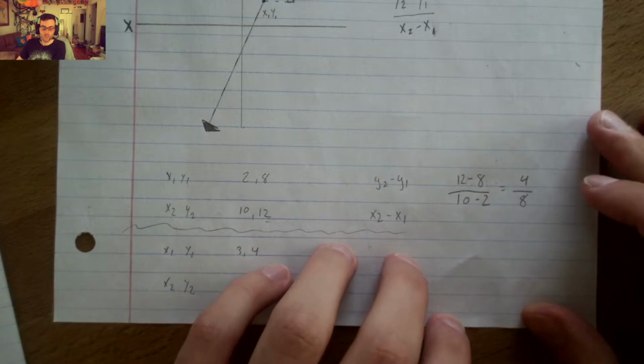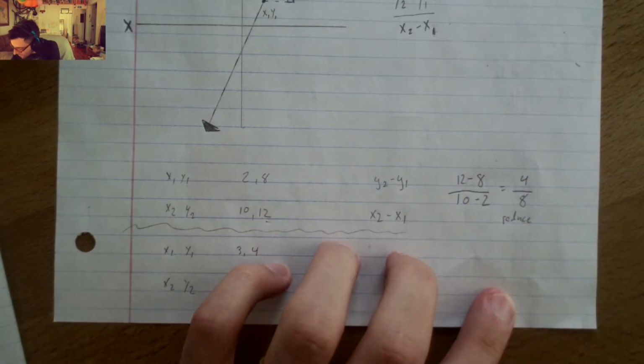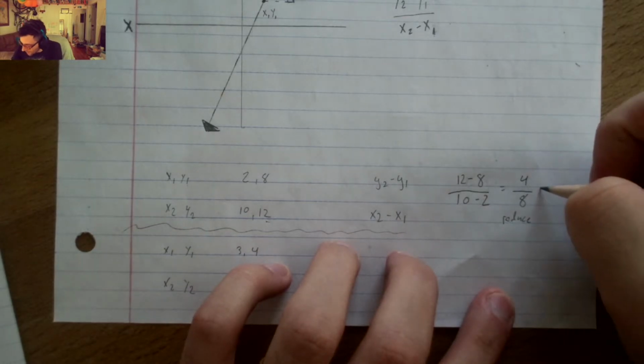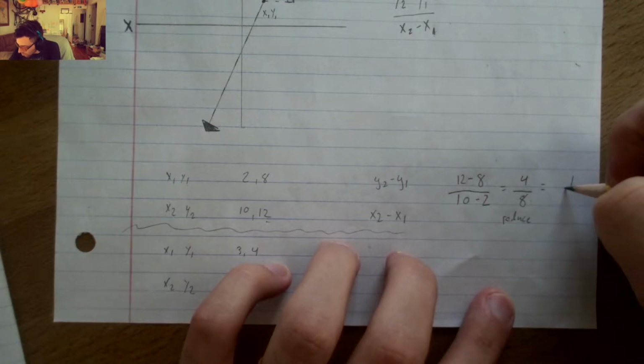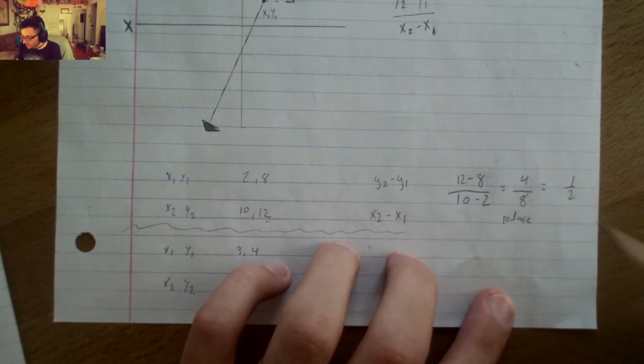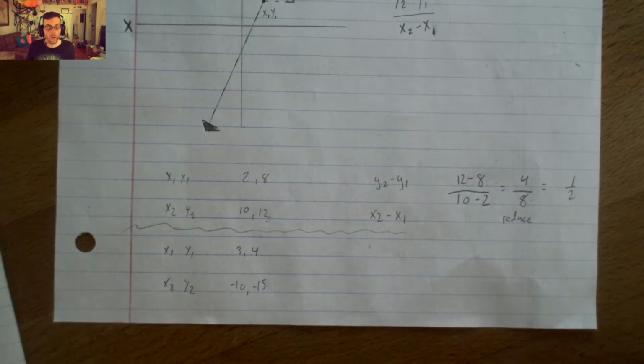When you're working with slopes though, you want to make sure to reduce your fraction if you can, if it's nice and easy, and 4 over 8 is equivalent to 1 over 2. 4 goes into 4 one time, 4 goes into 8 two times, 1 over 2.